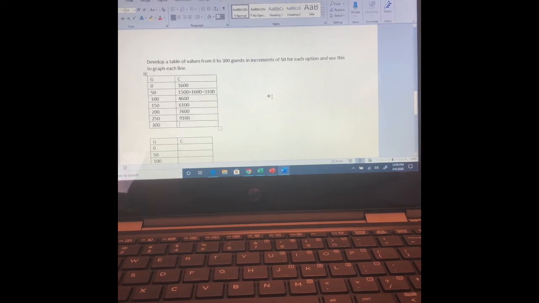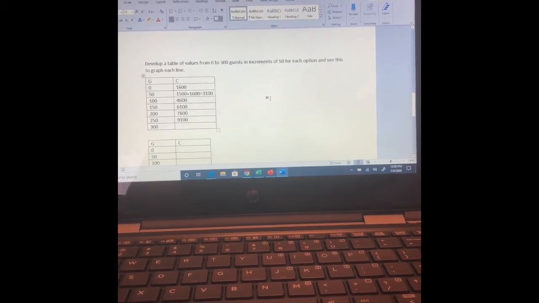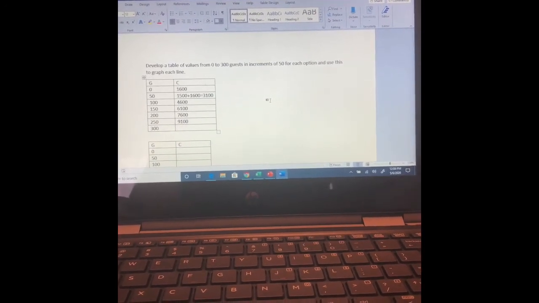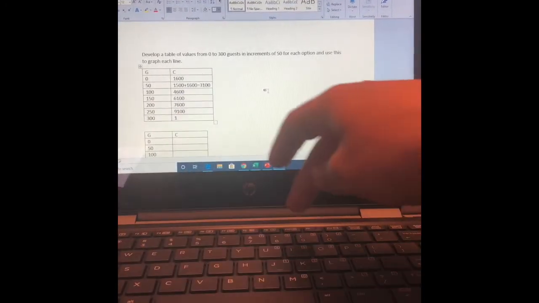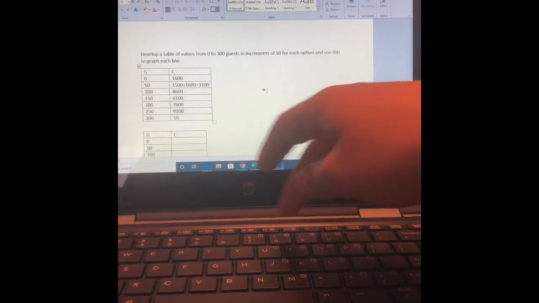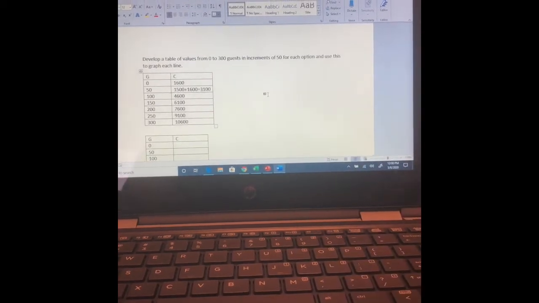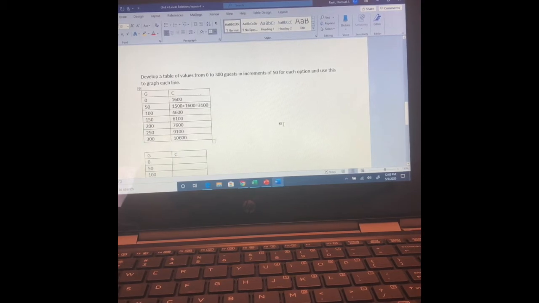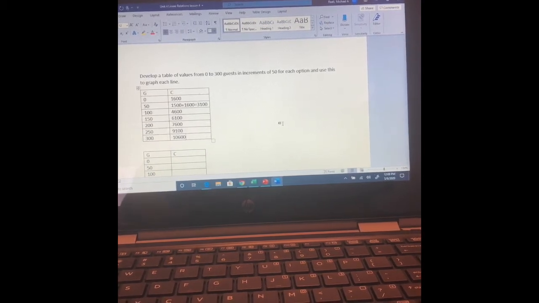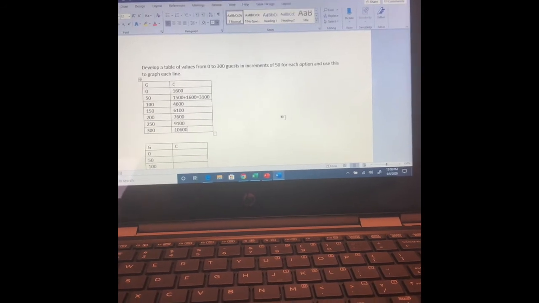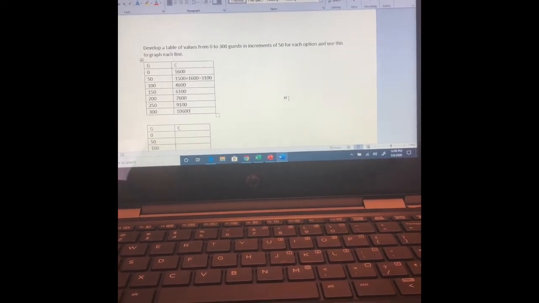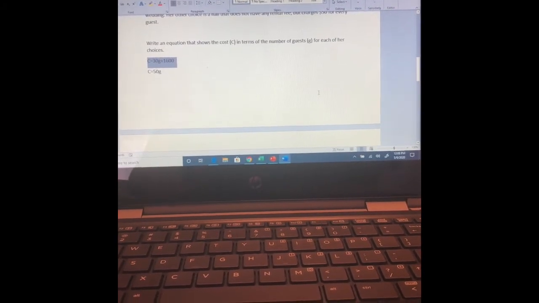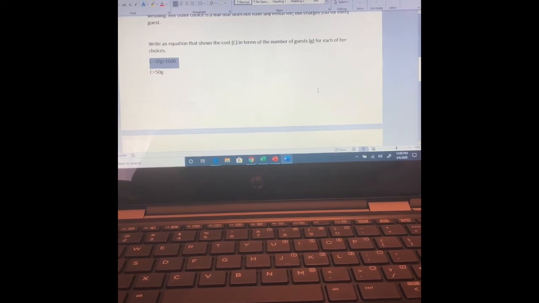Last one, 300 times 30 plus 1,600. All right, you can check the math there because I didn't use a calculator, but each time you're just subbing in your G value into this equation right here. Sub in your G and solve for C.